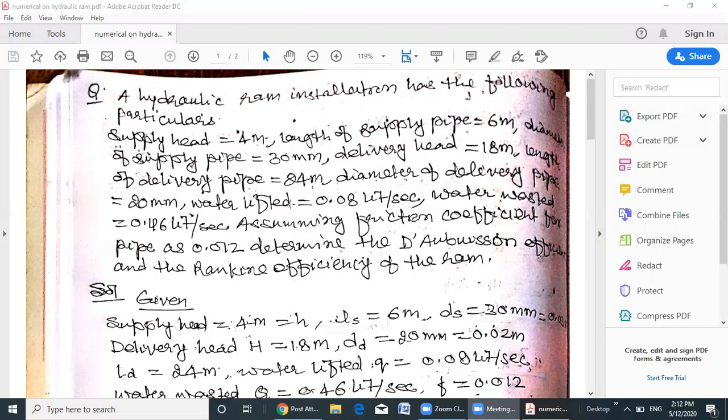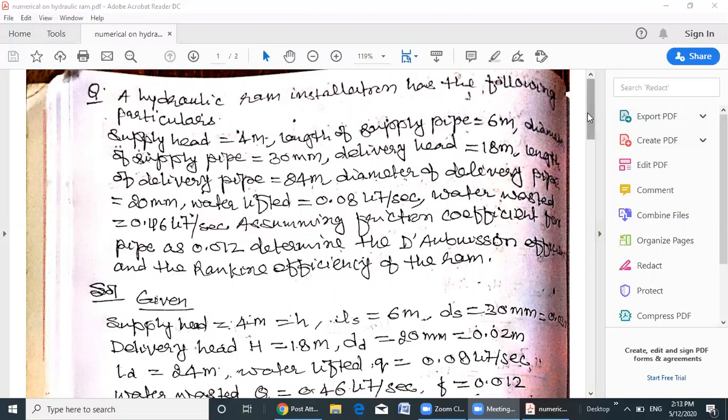Water lifted is equal to 0.08 liter per second. Water wasted is equal to 0.46 liter per second. Assuming friction coefficient for pipe as 0.012, determine the D'Aubuisson efficiency and the Rankine efficiency of the ram.